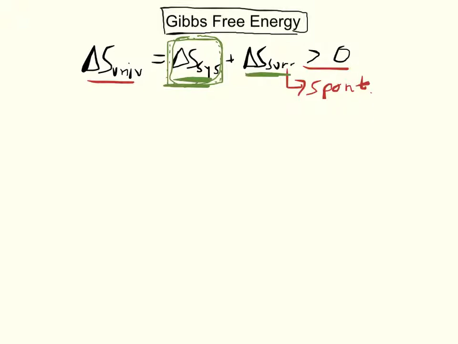We can derive another thermodynamic value or quantity to do so. And that thermodynamic value or quantity is G, which is the Gibbs free energy.